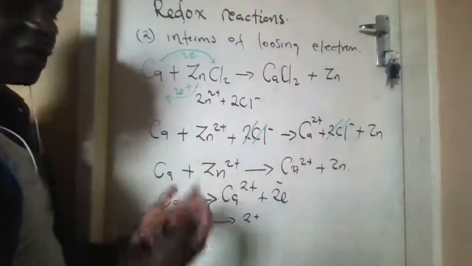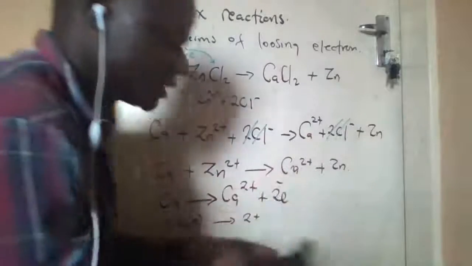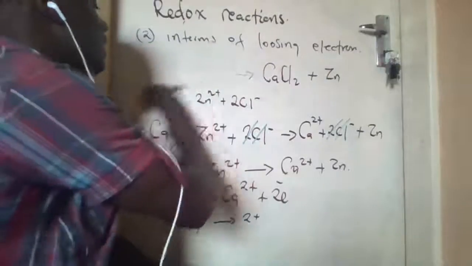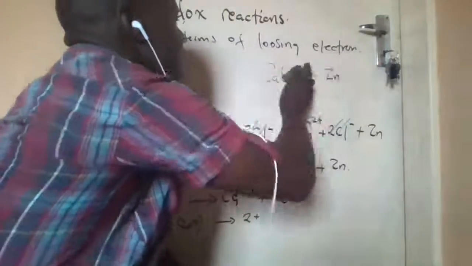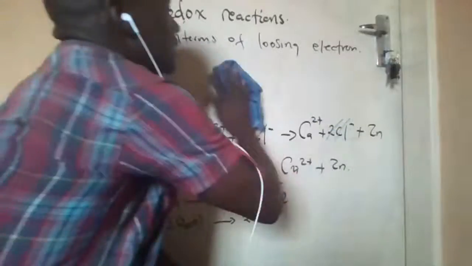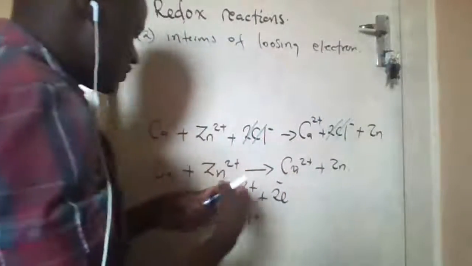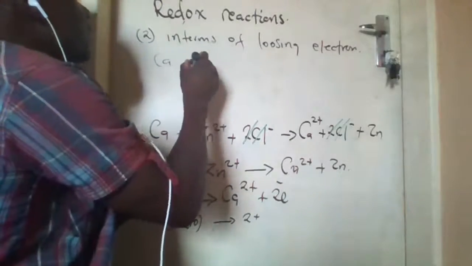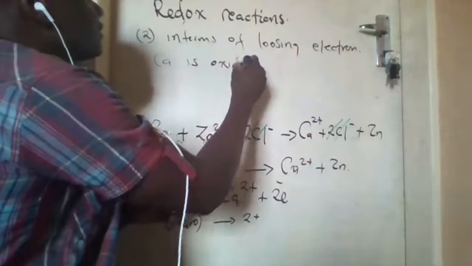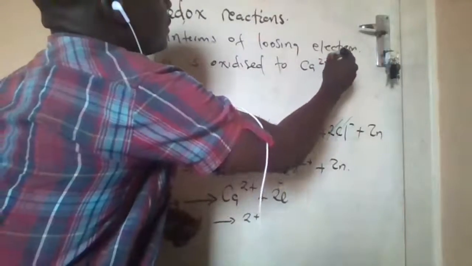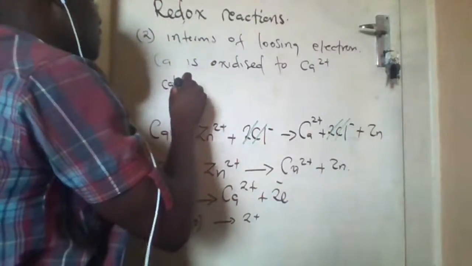So both ways can help us to identify which chemical species has lost the electrons and which one has the oxidation state increasing. So from here we can say that calcium is oxidized to calcium 2 plus, which is the calcium ion.